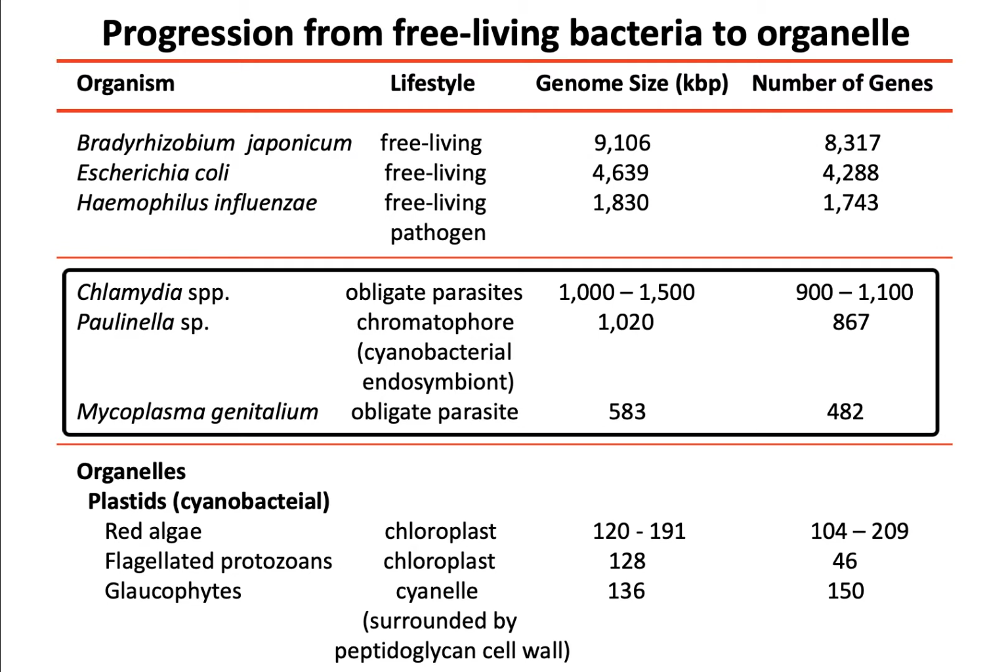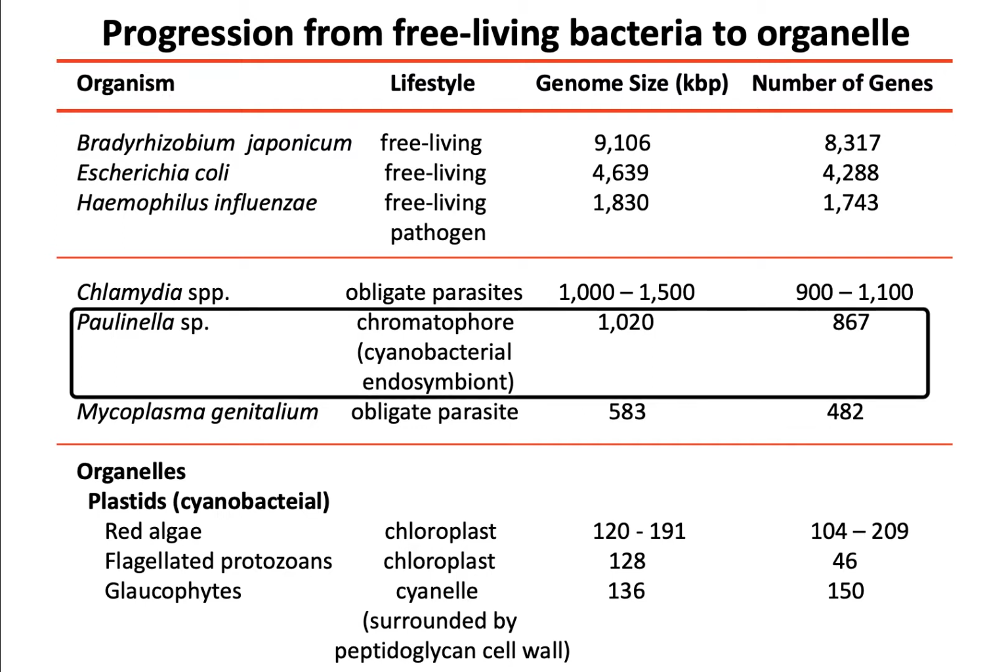Chlamydia, Paulinella, Mycoplasma. Chlamydia and Mycoplasma are both obligate parasites, and they have from about 500,000 to 1.5 million base pairs of DNA in their genomes, and from about 500 to about 1,100 genes.